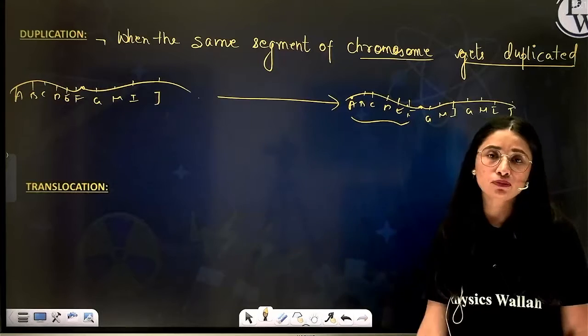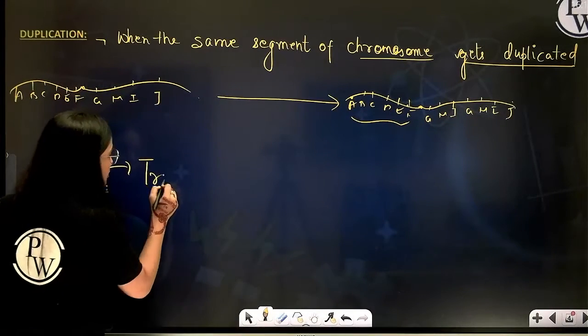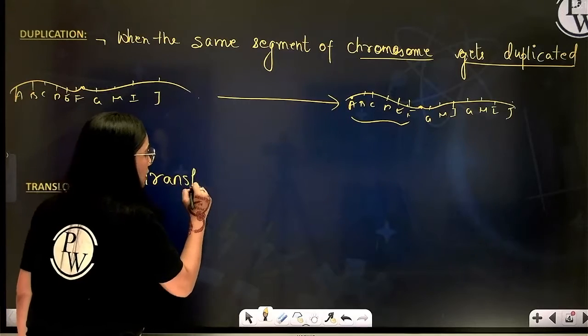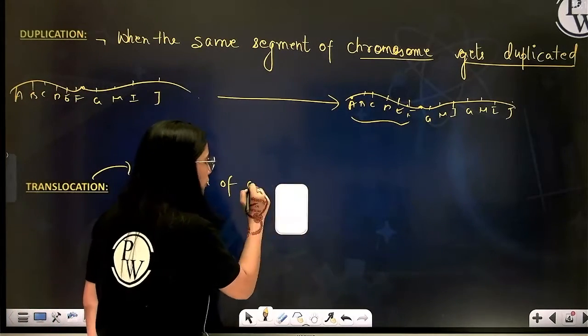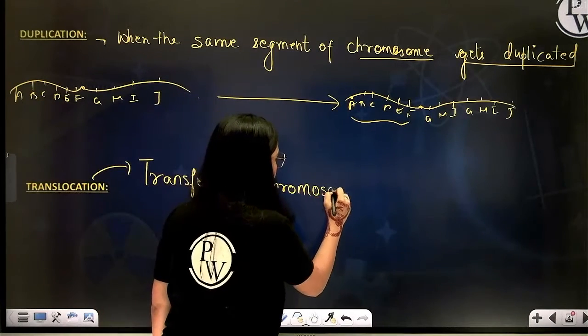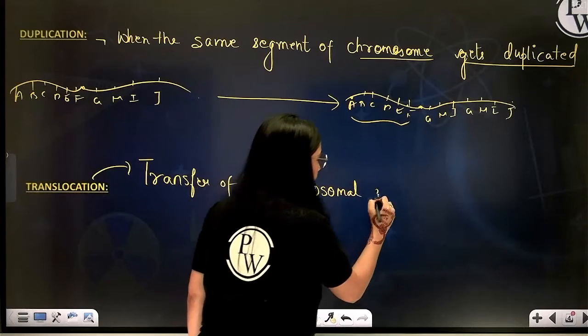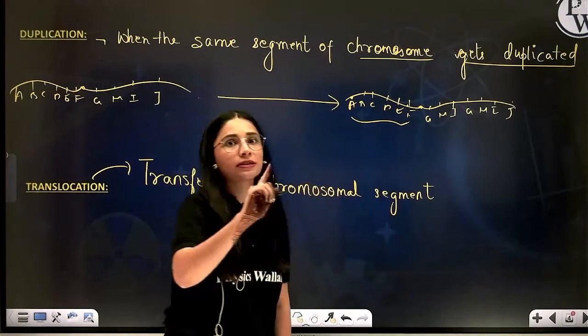The third type of chromosomal mutation is translocation. Translocation means transfer of a gene segment or a chromosomal segment from one chromosome to another non-homologous chromosome.